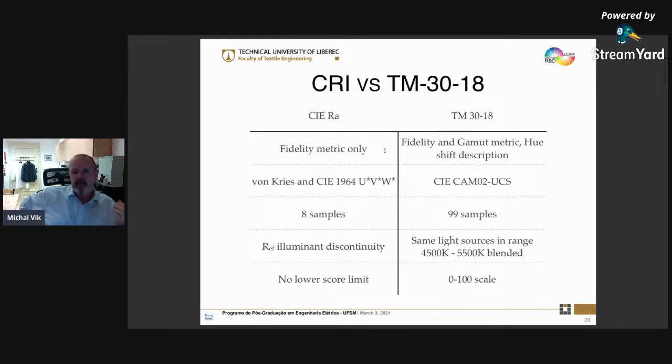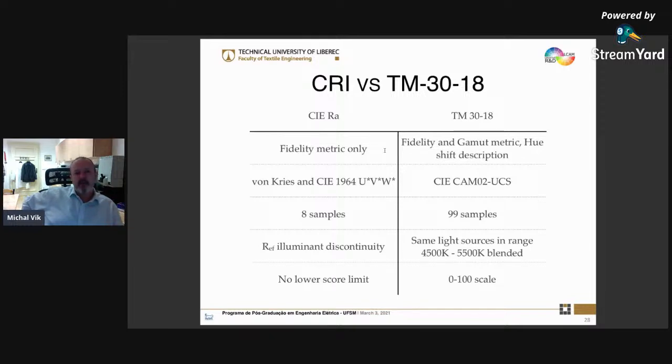Based on that, in the test method a smooth technique is used, which allows a continuous shift between the Planckian radiator and the daylight series. And the last typical problem of CRI is that there is no lower score limit. What does this mean?